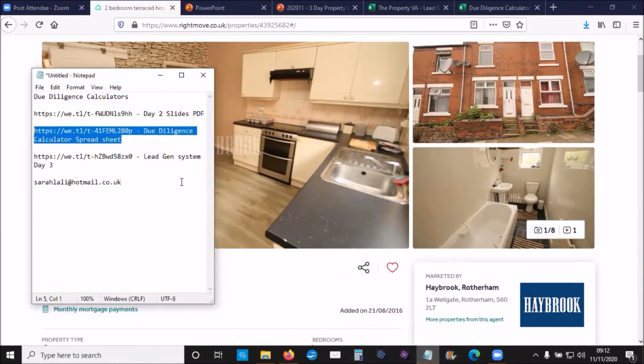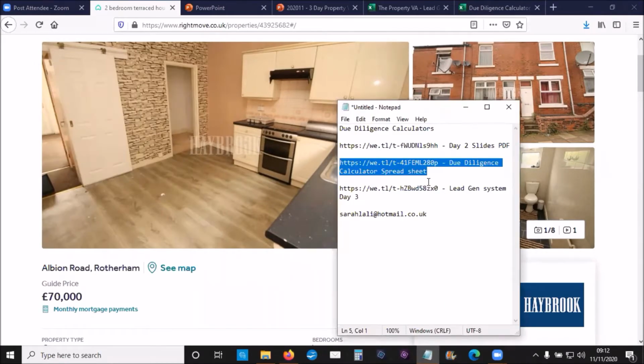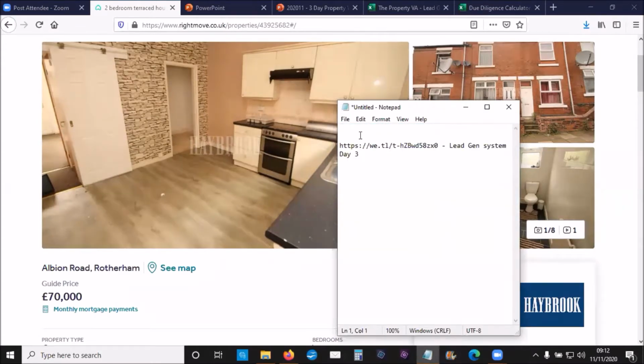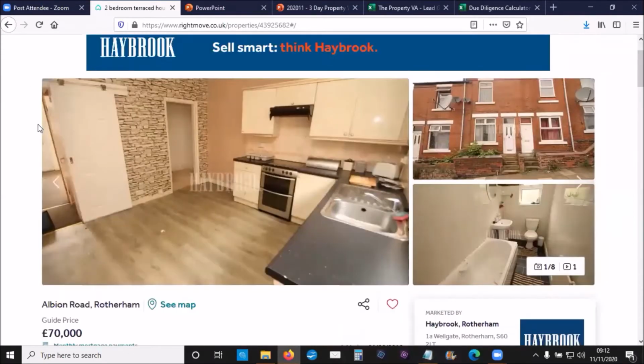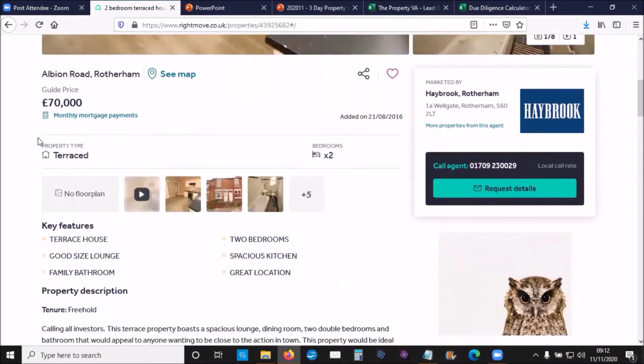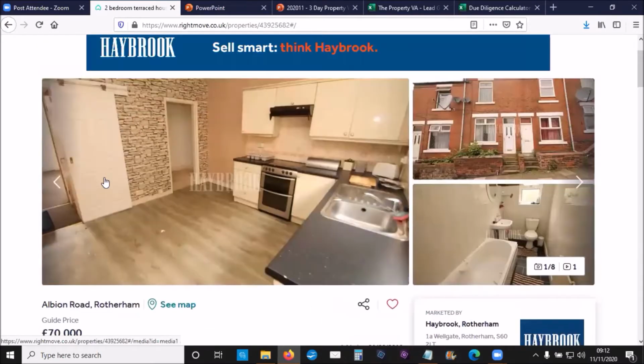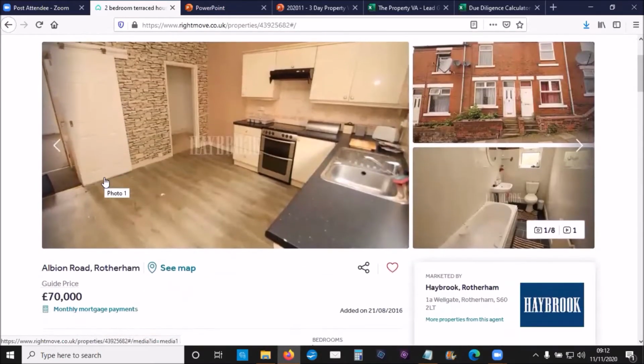Okay, so I'm gonna open my notepad so that we can type in our notes here while we do our calculations. Okay, so how many bedrooms was this? 2 bedrooms. Okay, you can see, guys, they've changed things quite a bit.